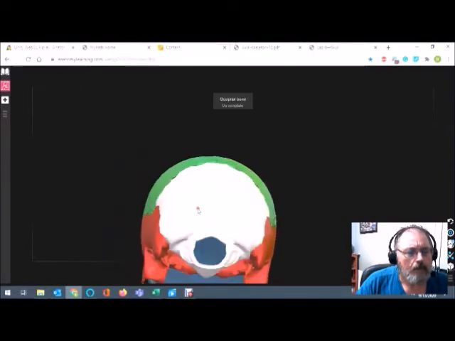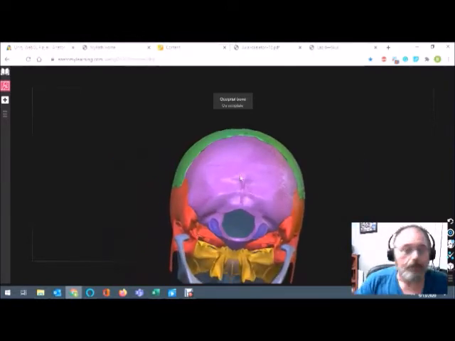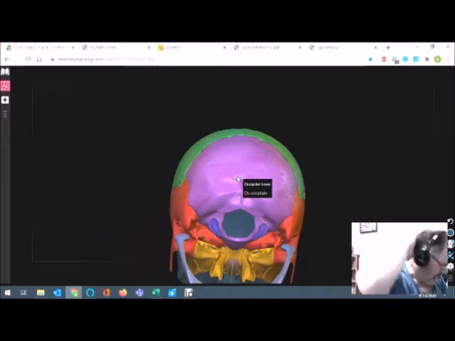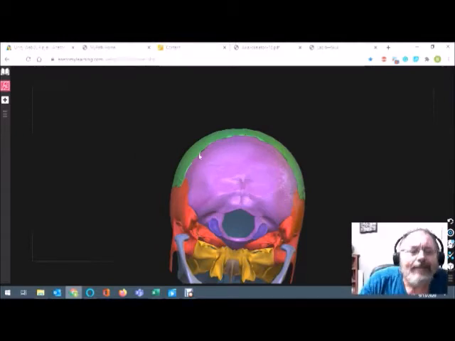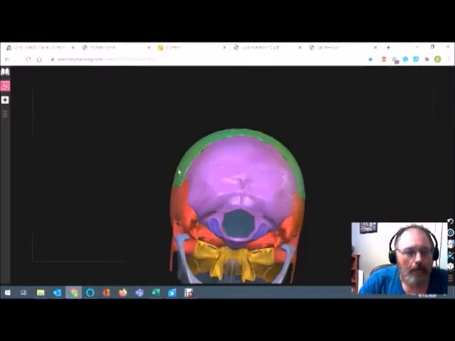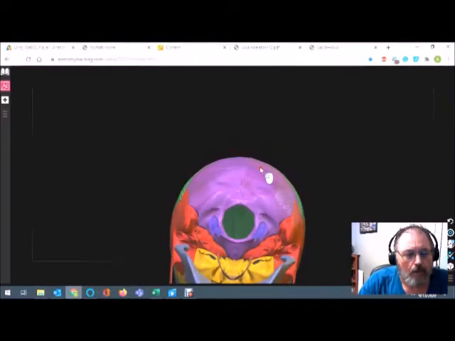Now here we have the occipital bone. And when you think occipital, you can think ocular. It is back here, back of the skull, and this is where our visual processing area is. Now if you take a look at this list, there are a couple of structures that you need to learn that are on the occipital bone. Those include the occipital condyles, which are these areas located here and here, and the foramen magnum.